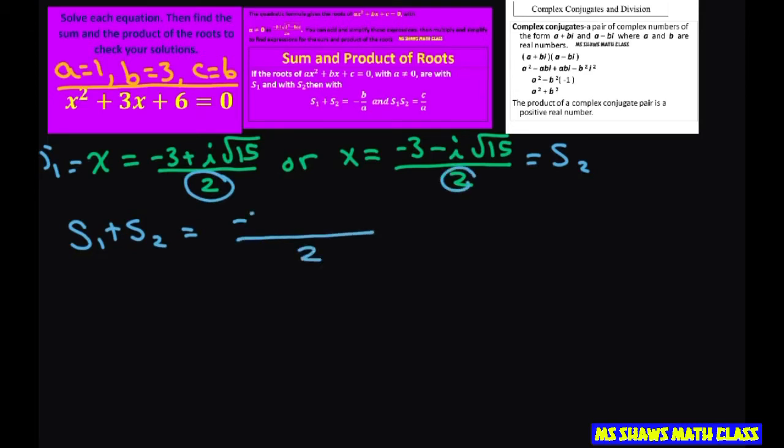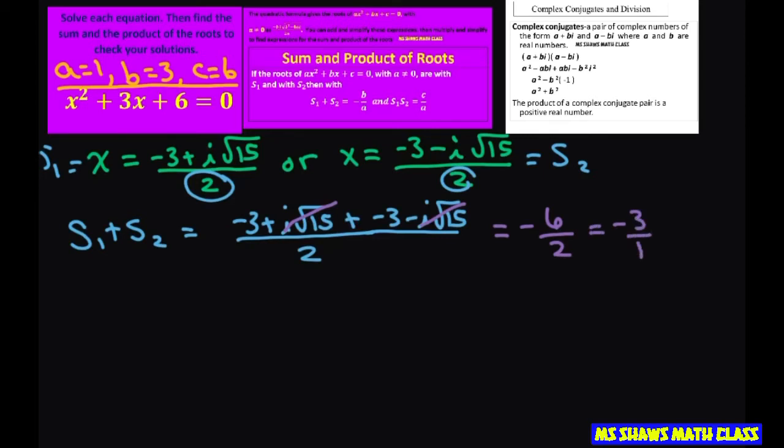And we have negative 3 plus i square root of 15 plus negative 3 minus i square root of 15. And you look at this, these two are going to cancel. So what we have is negative 6 divided by 2, which is actually negative 3 divided by 1. And that's going to be your negative b divided by a.